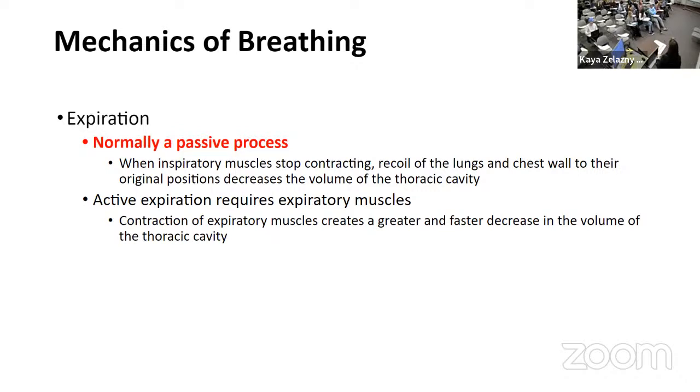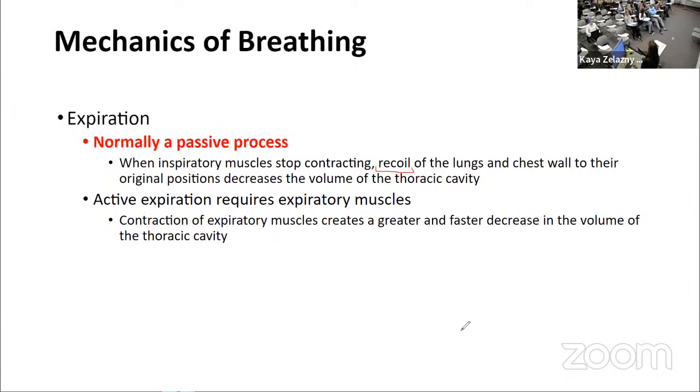You do sometimes want to breathe out more air than usual, so that's when you would be using the internal intercostal muscles and the abdominal muscles. Usually we're just looking at elastic recoil and the relaxation of muscles.